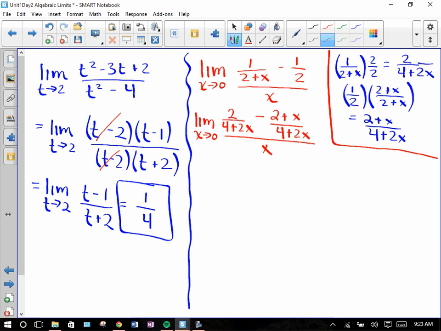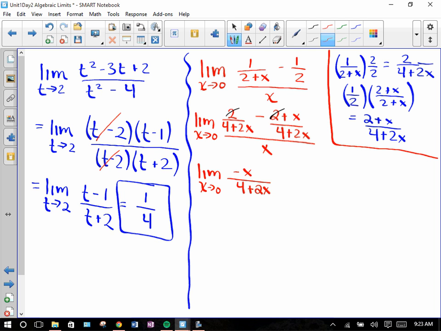Following along so far? So at that point, I can combine what's in the numerator. 2 minus 2 is 0, so that cancels out, and I'm left with minus x. So I have the limit as x approaches 0 of minus x over 4 plus 2x.